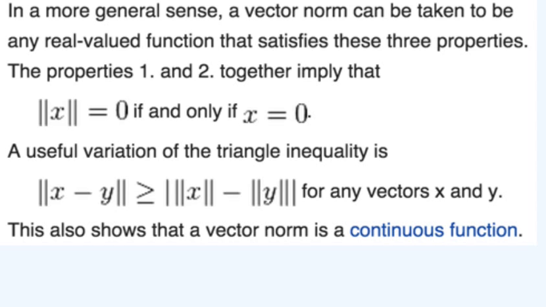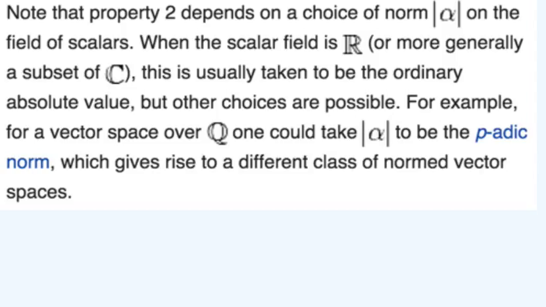So the last thing we'll say here is that the second property depends on a choice of norm for alpha. Remember, that's multiplying by a scalar, alpha, on the field of scalars. And when the scalar field is real, or more generally a subset of the complex numbers, then it's usually taken to be the ordinary absolute value, but other choices are possible.